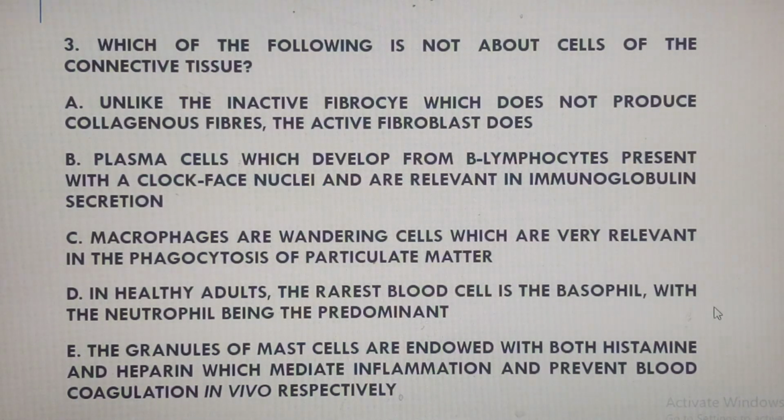M for monocyte, E for eosinophils, B for basophils. So never let monkeys eat bananas will help you remember the order of these white cells in the blood in terms of their population. So indeed, the rarest is the basophil, and the predominant one is the neutrophil.